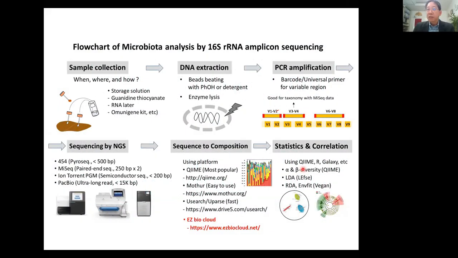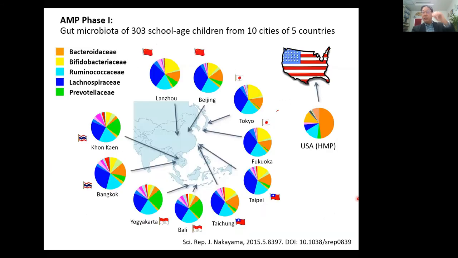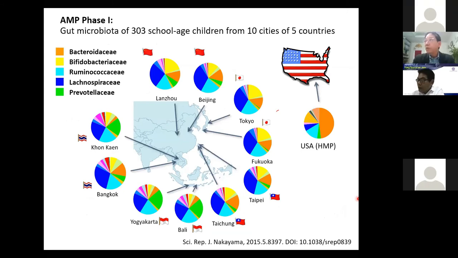The characteristics and differences between these two different populations. And this is the result of phase 1 that focused on the children's gut microbiota. We collected about 30 to 40 children from 1 city.